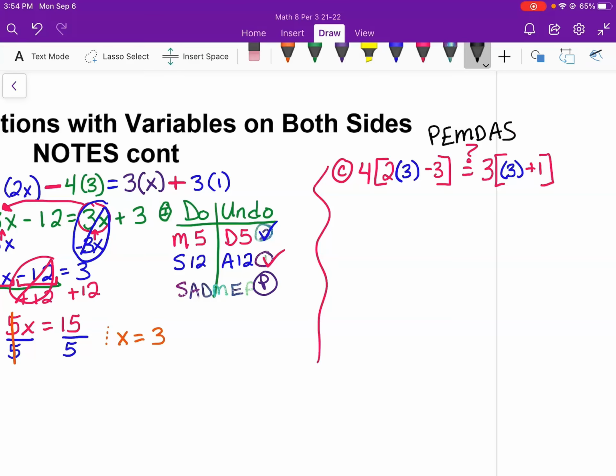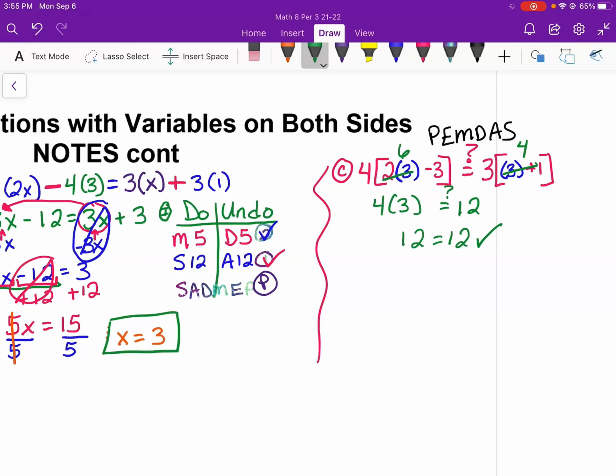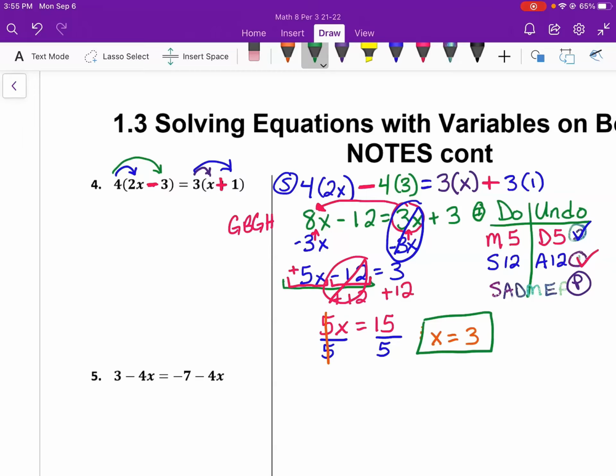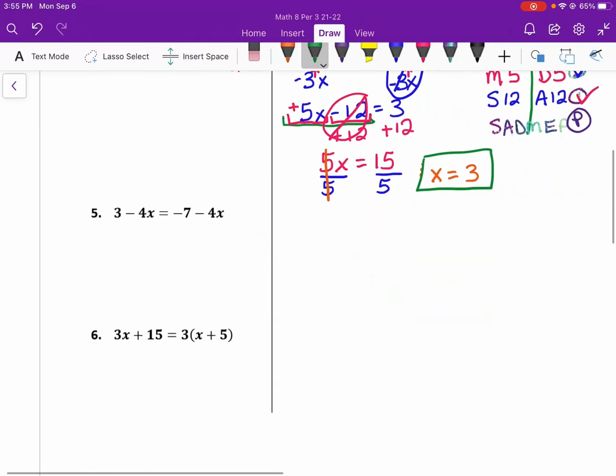So now we're back to PEMDAS. Okay, 2 times 3 is 6. 6 minus 3 is 3. There's my 2 steps. 3 plus 1 is 4. 4 times 3 is 12. And then I get 12 equals 12. Check and box. Okay, 2 more.